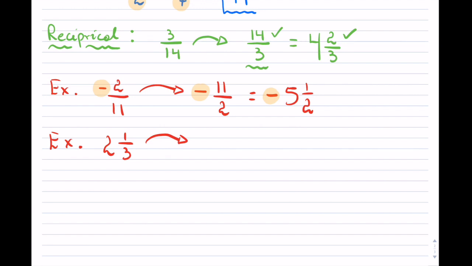So first you would have to change this to an improper fraction before you start swapping the numerator and denominator. So 3 times 2 is 6 plus the 1, so this is 7 over 3. And now I can take the reciprocal, and that would be 3 over 7. So that's the concept of the reciprocal.